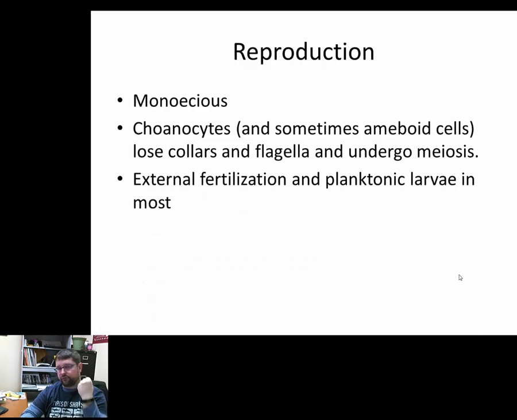Fertilization is external, so the sperm is released to go find eggs, and the eggs are released to go find sperm, etc. in the water column. Fertilization occurs, zygotes form, and then that larva is going to be planktonic, which means it's going to be moving throughout the water column as what we call plankton.